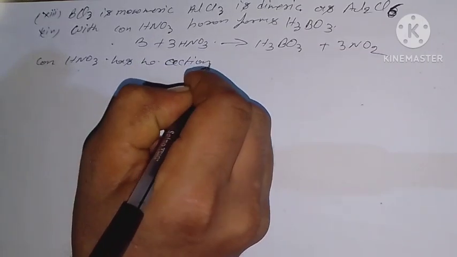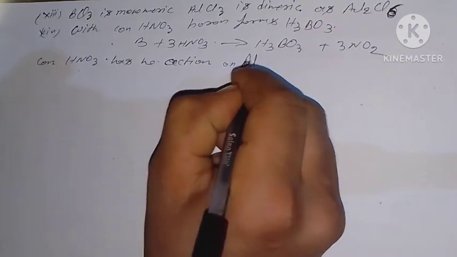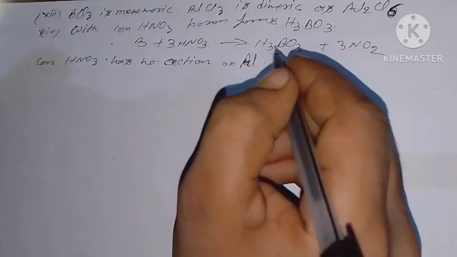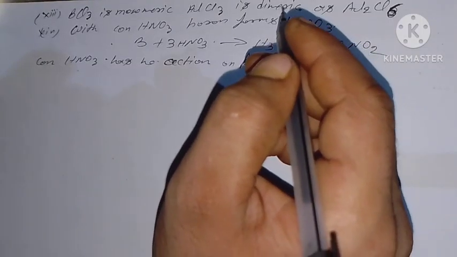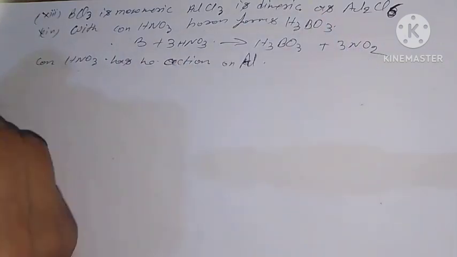Nitric acid has no action on aluminium. The metal is rendered passive due to surface oxidation.